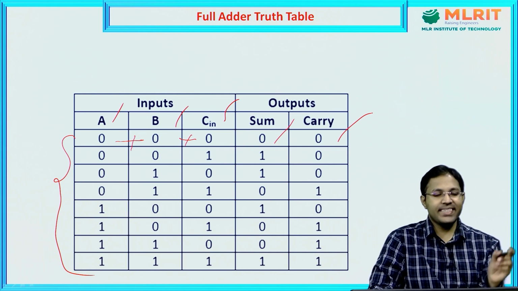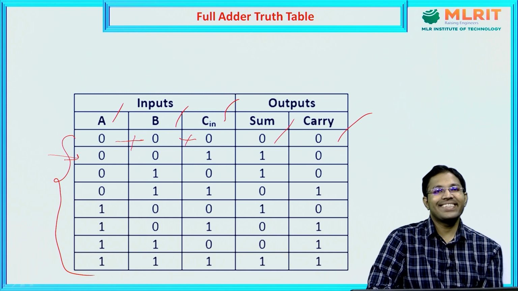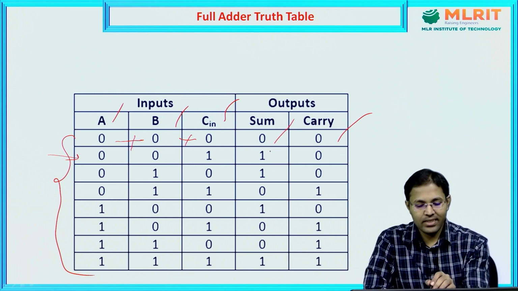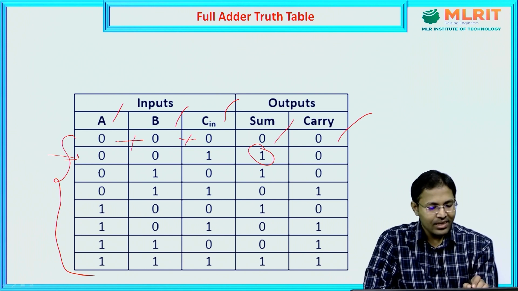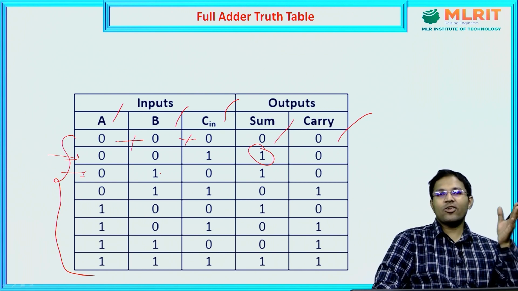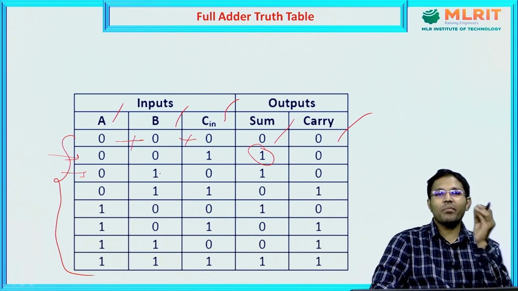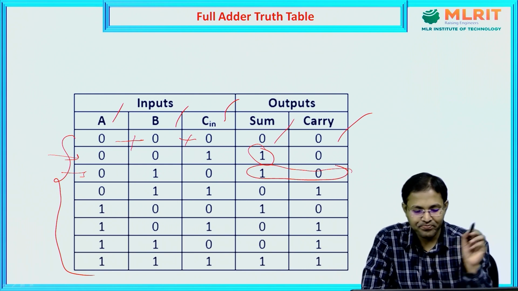Next case, second case, 0 plus 0 plus 1, sum is 1, of course we didn't get a carry, so carry is 0. Next, 0 plus 1 plus 0, you know very well, 0 plus 0 plus 1 or 0 plus 1 plus 0 should give the same result, so same as previous case.